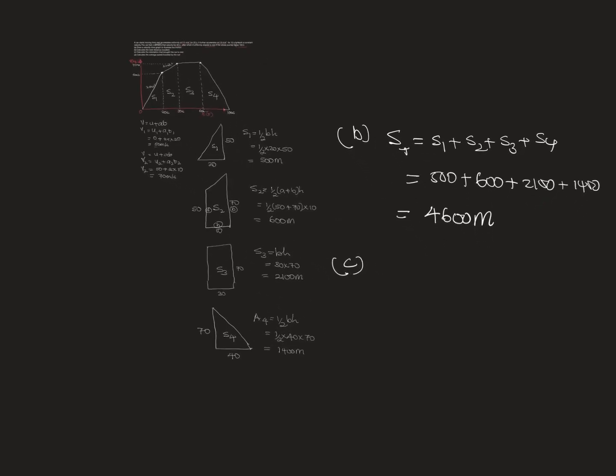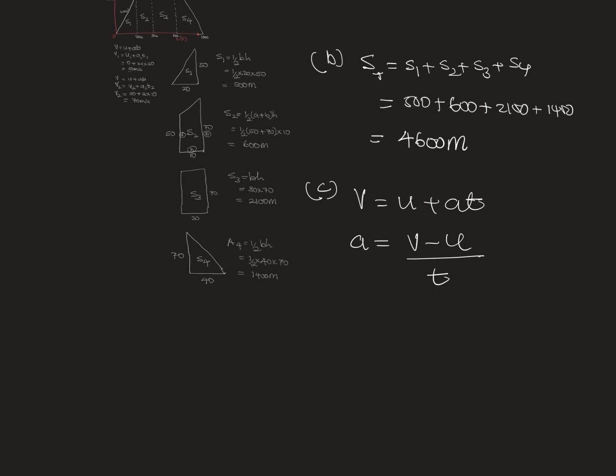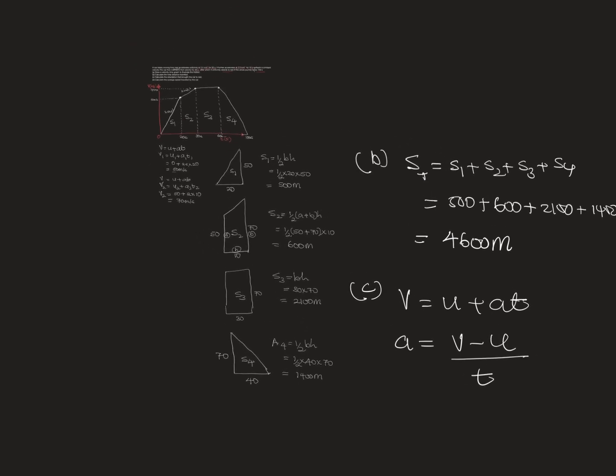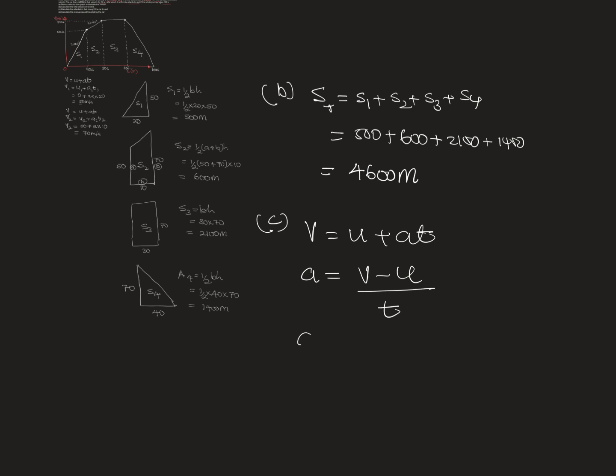Using V equals U plus AT, we know that acceleration is V minus U all over T. Because the retardation is in the fourth event, let's say A4 is equal to V4 minus U4 divided by T4.